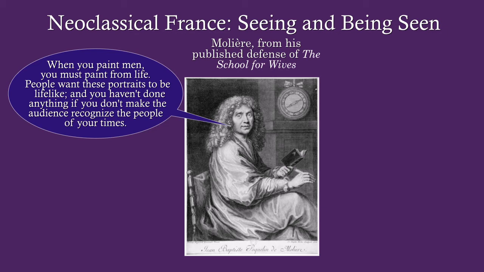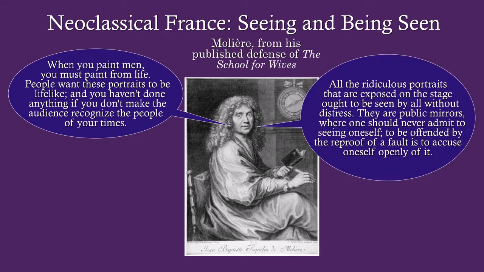So later on in the defense, Molière says this: "All the ridiculous portraits that are exposed on the stage ought to be seen by all without distress. They are public mirrors." Got it, good. "But they are public mirrors where one should never admit to seeing oneself. To be offended by the reproof of a fault is to accuse oneself openly of it."